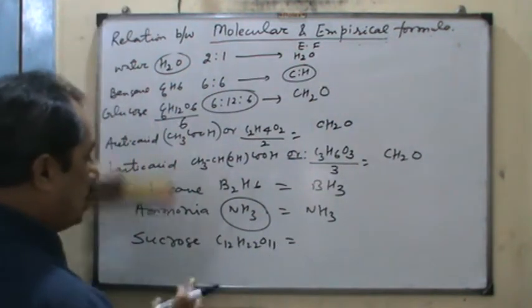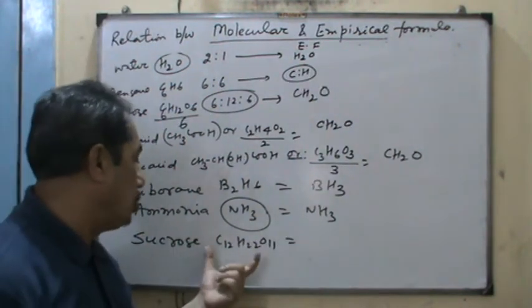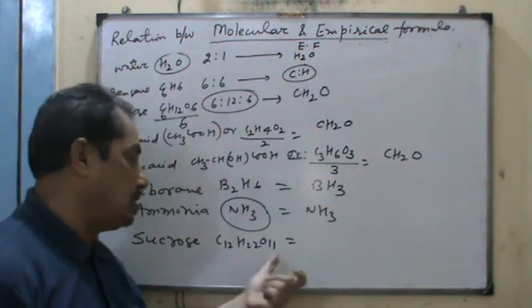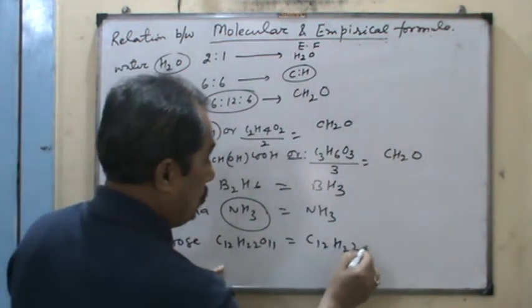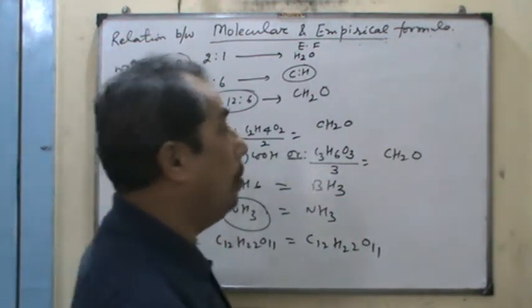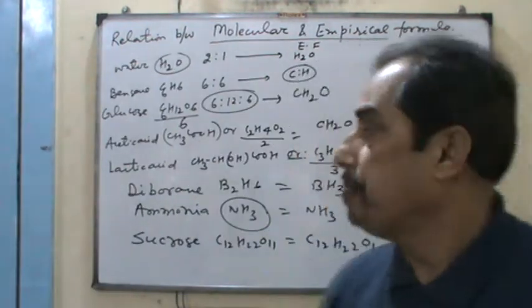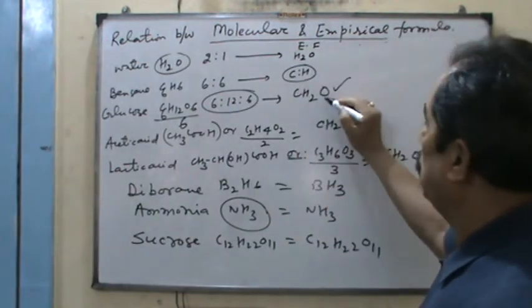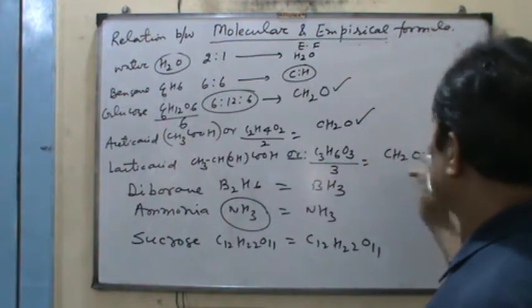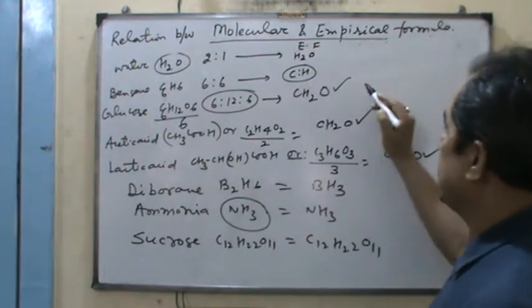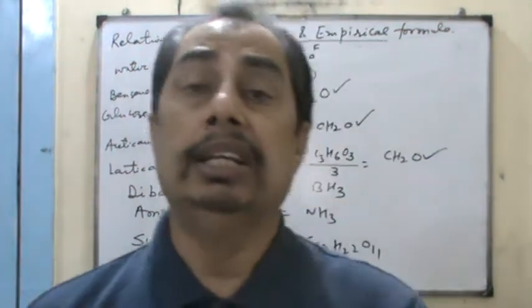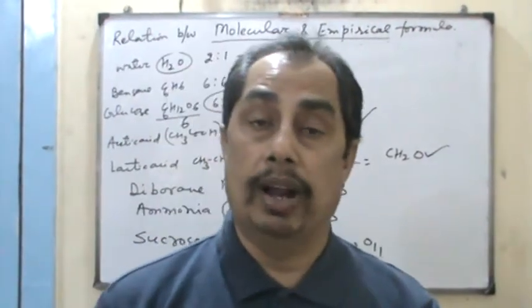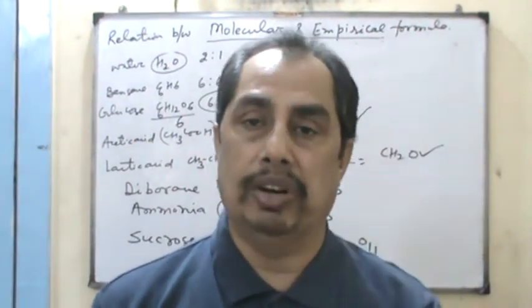So far as sucrose is concerned, it is not going to cut by any figure, so therefore it will remain the same, C12H22O11. So dear students, these are the empirical formulas of glucose: CH2O, CH2O, acetic acid and lactic acid. We observe that many compounds possess the same empirical formula, but they have different molecular formulas.